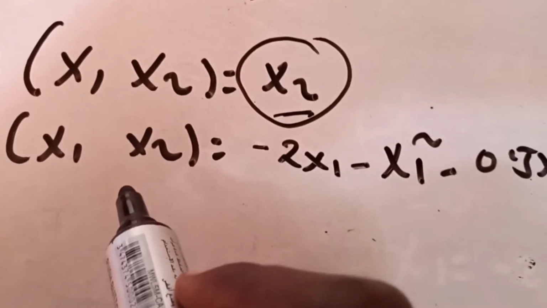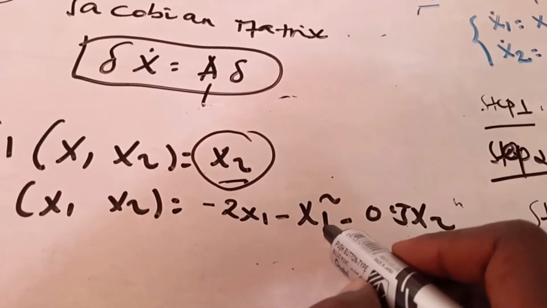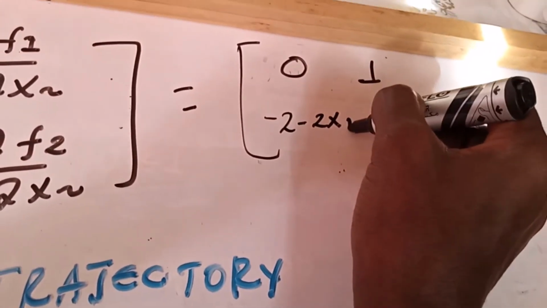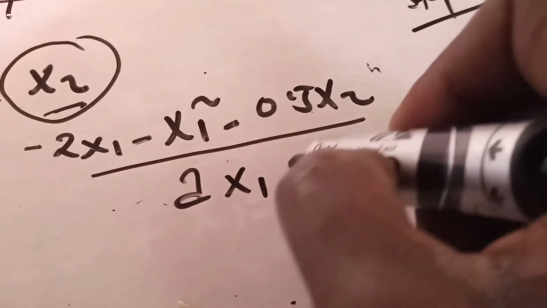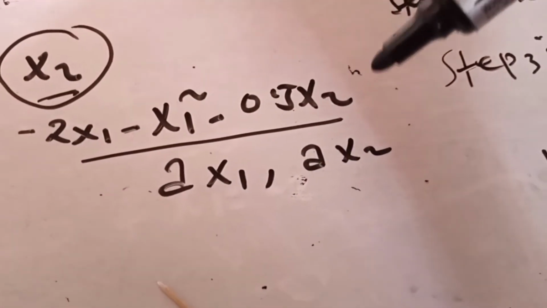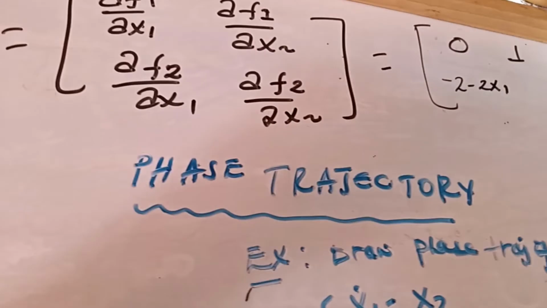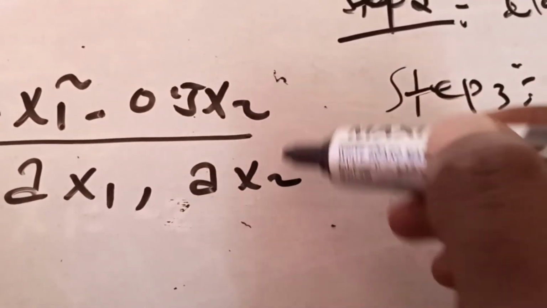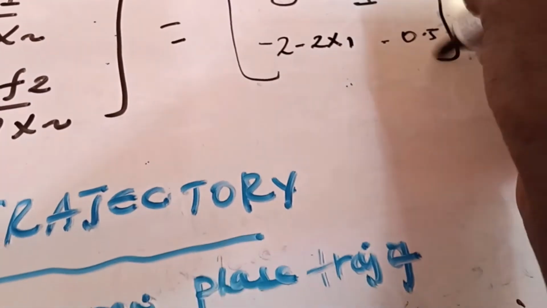Again, in the second equation, partial of f2 with respect to x1 is minus 2 minus 2x1, because we differentiate this equation with respect to x1, and then with respect to x2. And partial of f2 with respect to x2 is 0.5 only, which is negative 0.5.